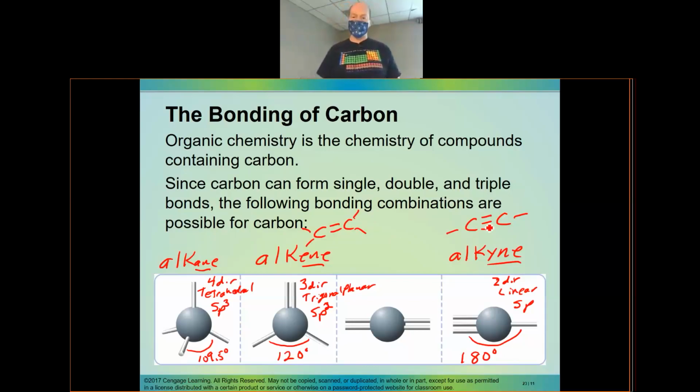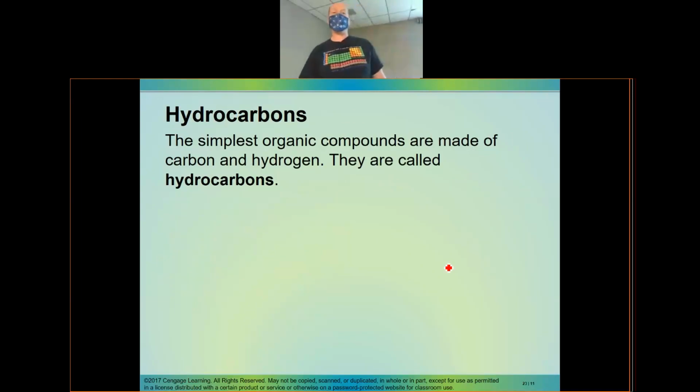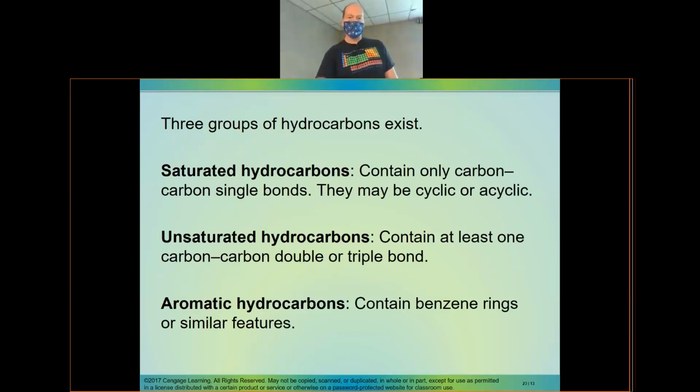Your alkyne will always look like that. All right, so hydrocarbon simply just means that you only have hydrogens and carbons. No oxygens, no nitrogens, no halogens. All right, so a hydrocarbon means hydrogen and carbon and only hydrogen and carbon.